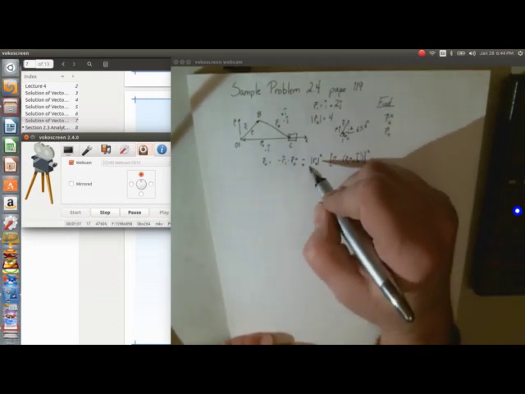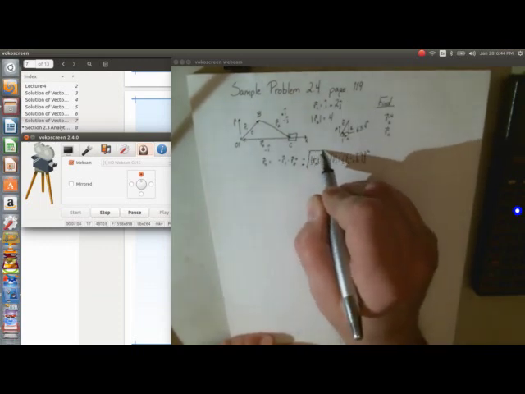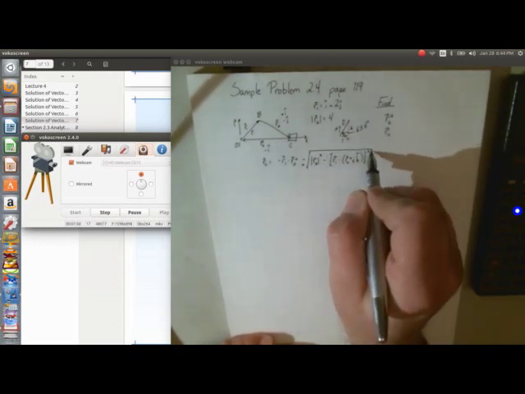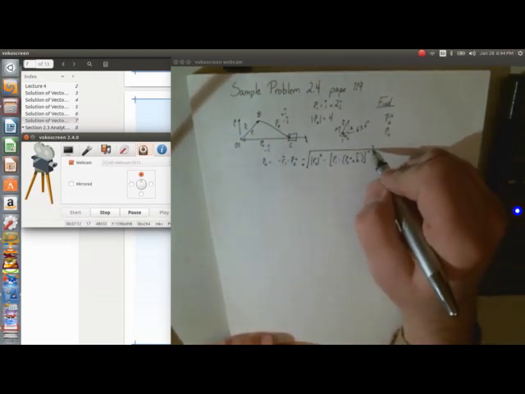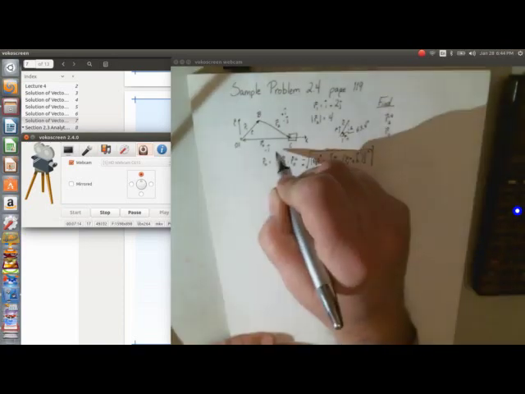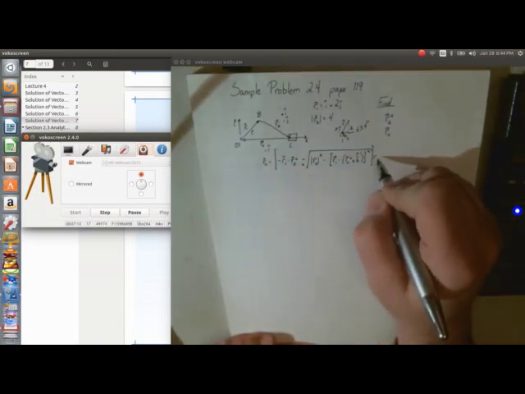This entire portion of the equation we take the square root of, and this whole component is multiplied by the unit vector for r sub 0.